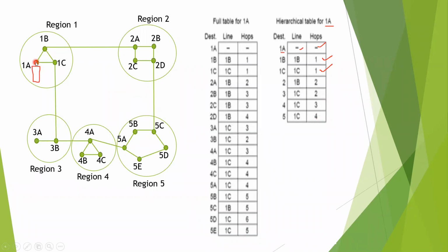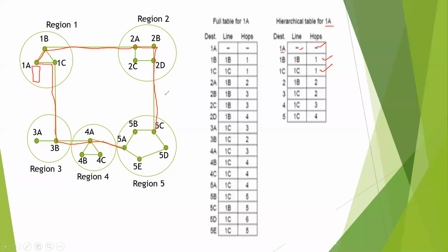Now, if I go like this, 1 hop, 2 hops, 3, 4, and 5 hops, I can reach region 5 in this way, or in the other way. If we check the number of hops to reach region 5, the best is to go through 1C, because here it takes 1, 2, 3, 4, and then 5.